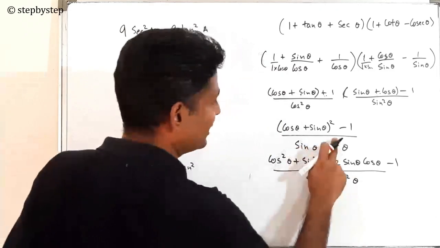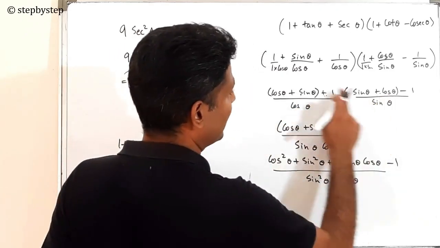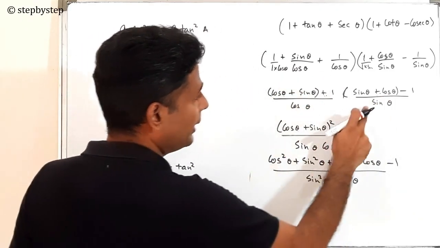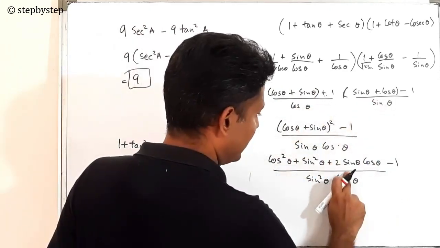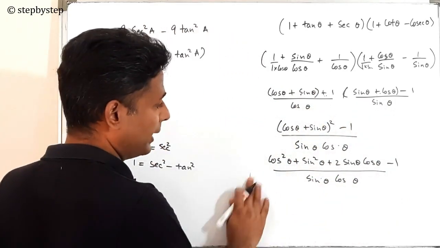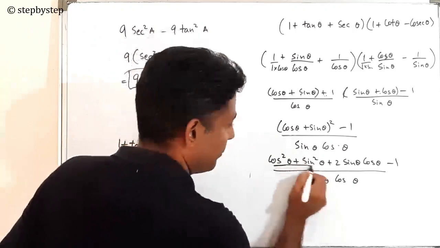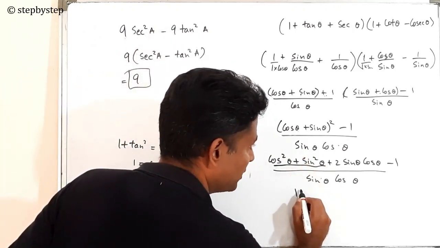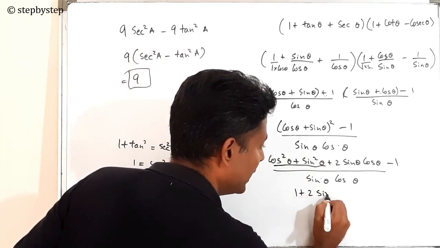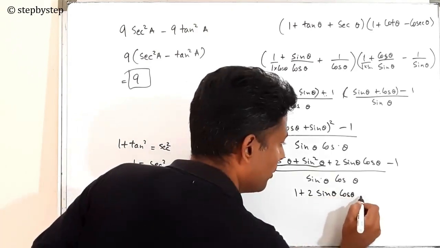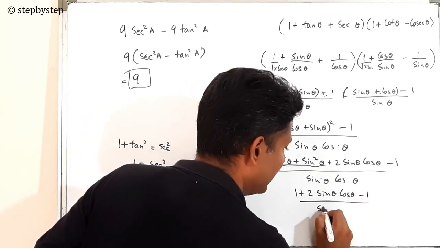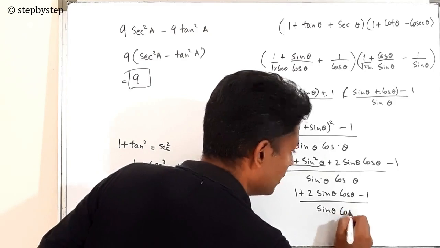Sorry, it is not sine square, guys, sorry, it is cos theta and sine theta. The LCM is cos theta and sine theta. Alright. Now cos square plus sine square is 1. So this becomes 1 plus 2 sine theta cos theta minus 1 by sine theta cos theta.